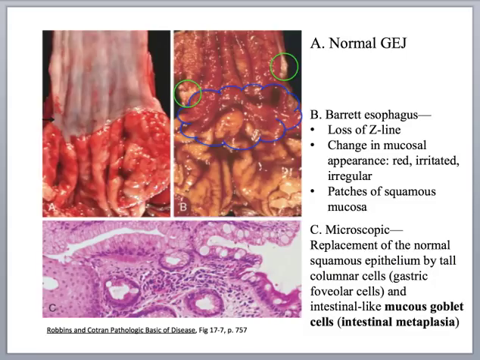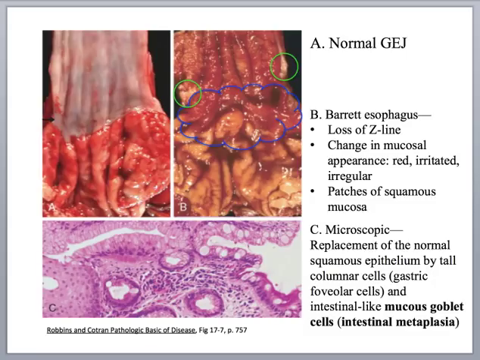There are a few patches of white epithelium that you'll see in the green circles, but by and large this entire segment has been replaced by glandular type epithelium, which you see in panel C. So there's replacement of the normal squamous epithelium, which you can see in the lower left hand corner, by glandular foveolar type epithelium.